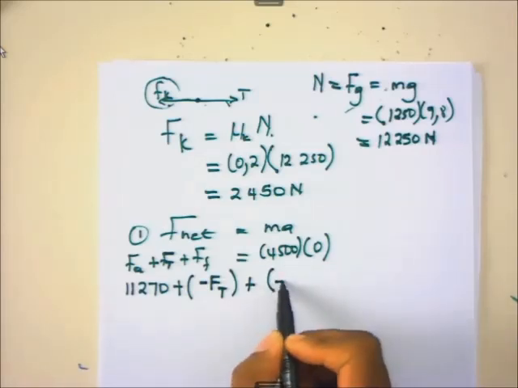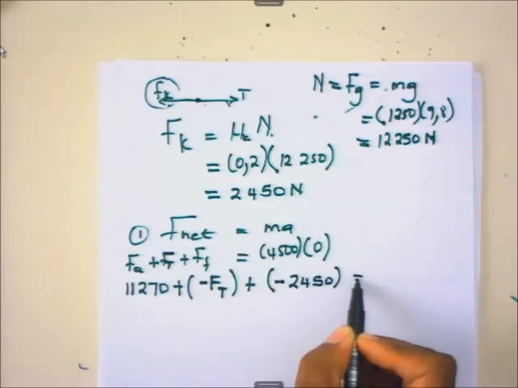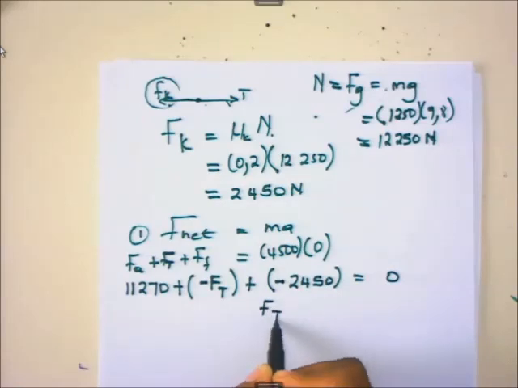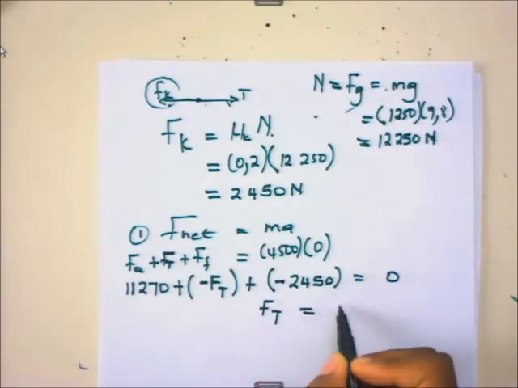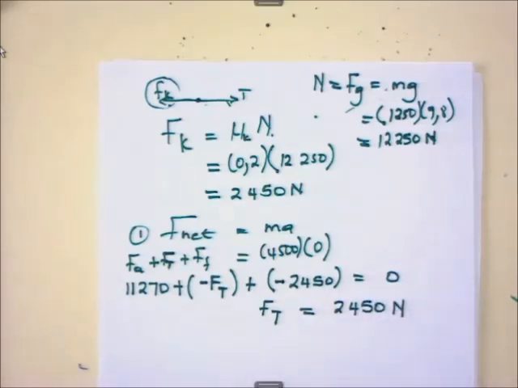It will be minus, we just calculated it, which is 2,450 newtons, is equal to 0. Now I'll make Ft the subject of the formula. So my Ft will be equal to 2,450 newtons. That's how we calculate our tension.